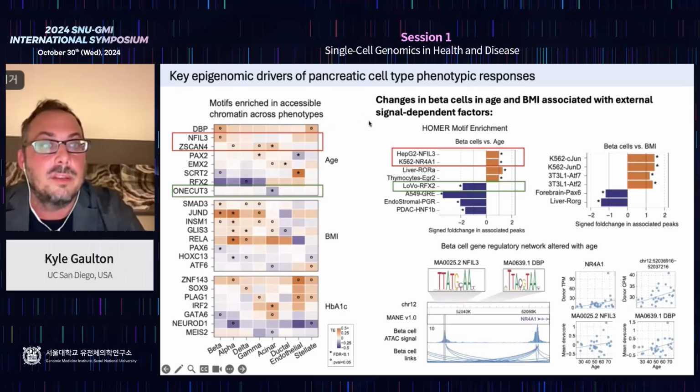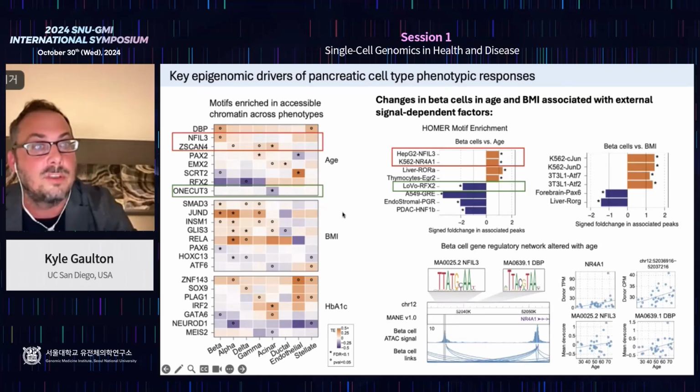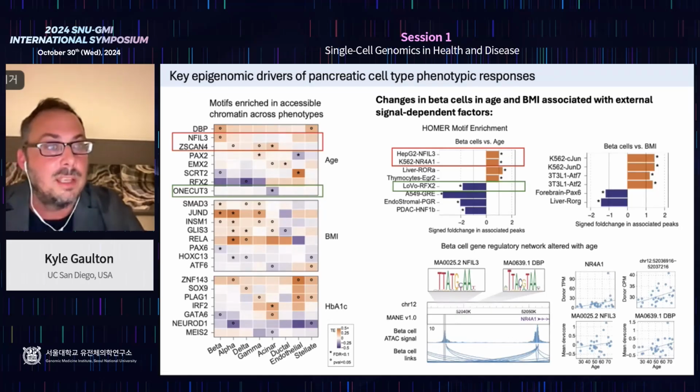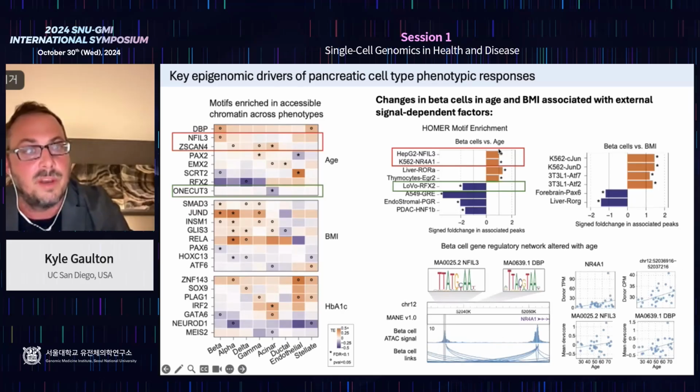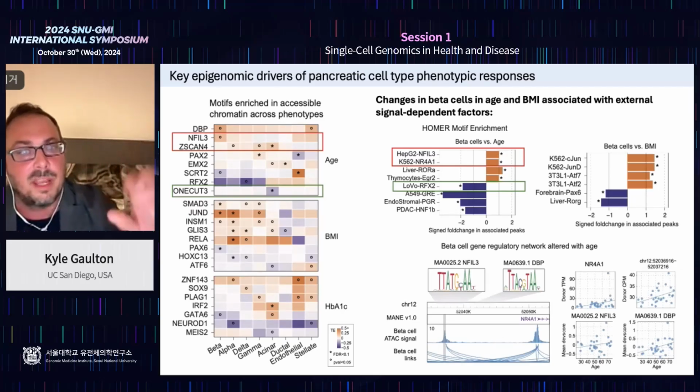We also looked at epigenomic drivers of these cell types, so same phenotypes, but now looking at associations with sequence motifs that are enriched in the accessible chromatin profiles of each cell type. What was noteworthy here is that a lot of the factors that we find associated with these phenotypes are external responsive factors, so they're responding to external signals.